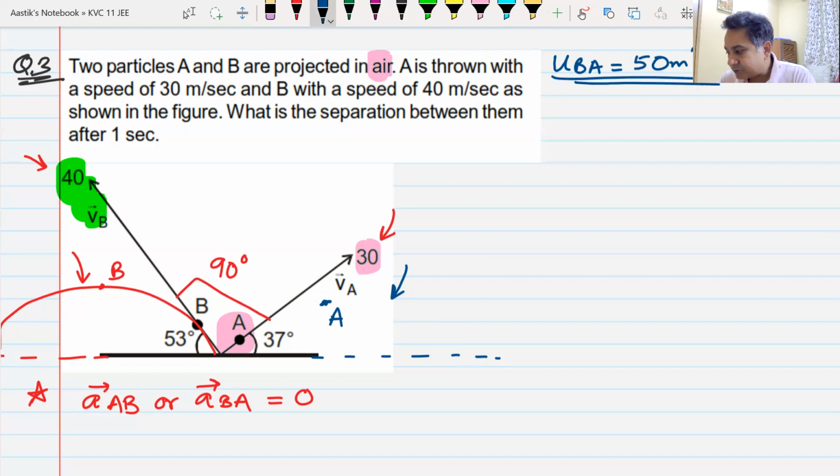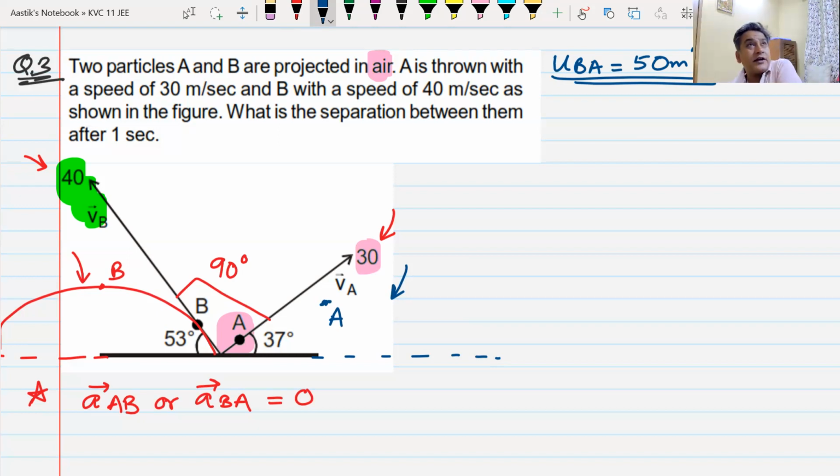Okay. Now, remember, there is no acceleration of A with respect to B. Now, how will the motion of B look to A?